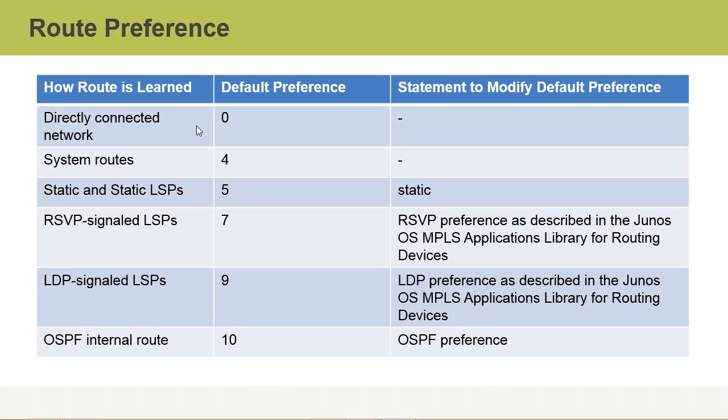Let's say I connected to a network through an Ethernet interface, and the network has the network ID of 192.168.3.0. Because I'm connected, the 3.0 network is going to have a preference value of 0. Now let's say, as a network administrator, I also statically configure a route for the 192.168.3.0 network.